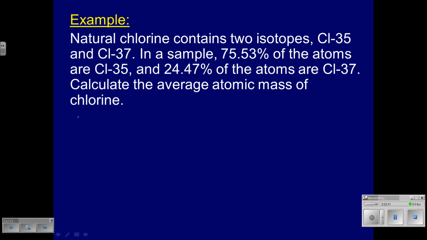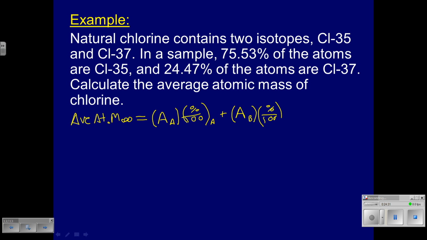And here's how we do this. Let's first write down an equation. Average atomic mass is equal to the atomic mass of isotope A, times the percentage divided by 100, because we want to turn it into a decimal, for A, plus the mass number of B, times the percentage divided by 100 for B. And if there was another isotope C, the atomic mass of C and its percentage divided by 100.